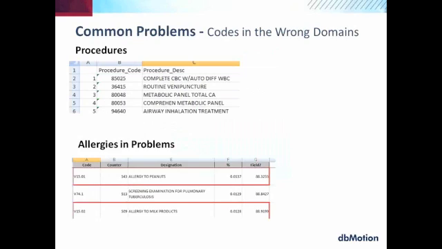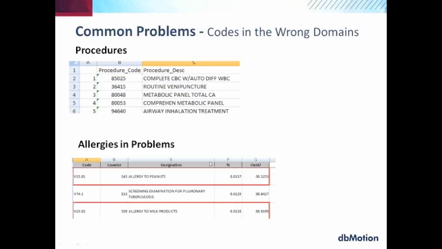The other thing, and this is a very common one, is that what means something in an inpatient system means something else in an outpatient system. So we have a procedures domain where we expect, if you look in CPT's coding system, there's a couple of chapters that are specific to procedures, which we think of as surgeries and things like that. What we sometimes get inside of that domain, once we hook up all the interfaces and start the data flowing inside dbMotion, is things like a complete CBC.